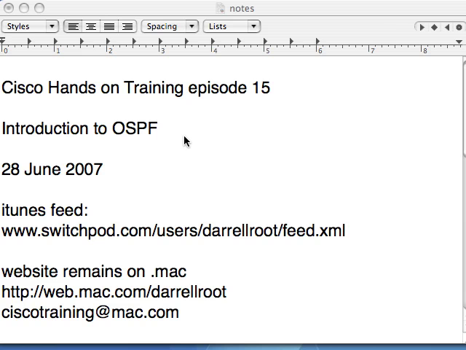Last episode we talked about the shortest path algorithm, where if every router knew what every other router was connected to in terms of networks and routers, then each router could figure out the best way to get to the destination.